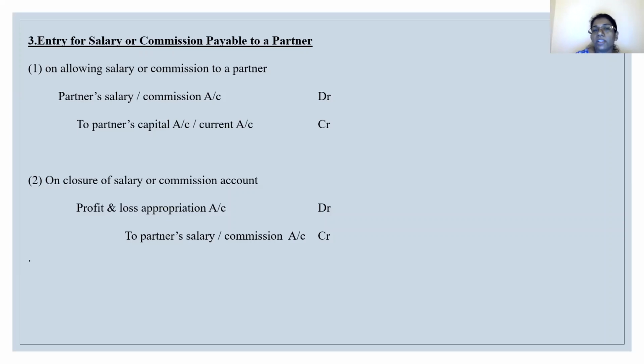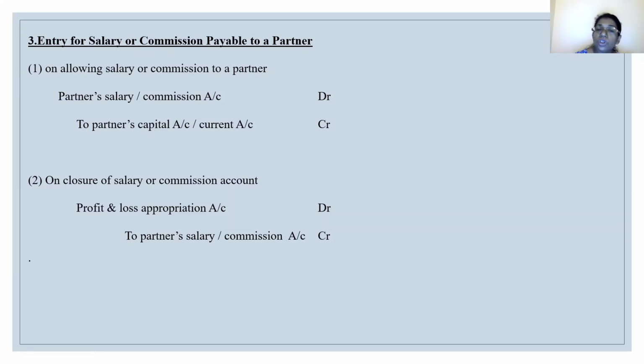But if the partnership did mention giving a salary or commission to the partners, if they have embedded it in the deed, then what we are going to do is deduct it from our profit and allocate it among the partners based on the deed agreement. So on allowing salary or commission to partners, we are going to debit the partner's salary or commission and we are going to credit the current account.